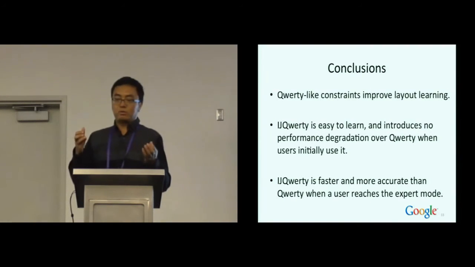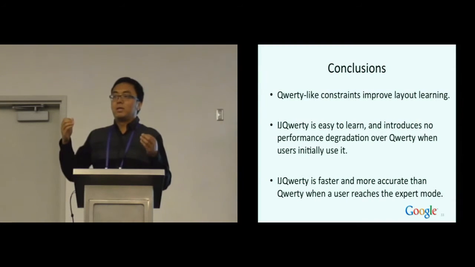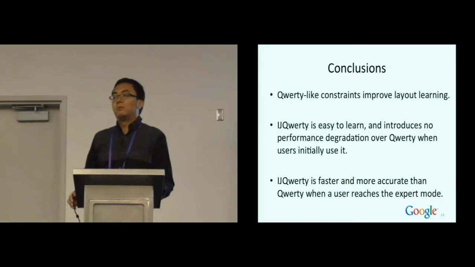The idea of the Qwerty constraint is that when you look for a key, if you don't find it at its Qwerty position, you will first look at its neighbors, and then if not, you might increase your search radius to the second ring of keys. But if you randomly swap two keys, and it happens to be very far away, it will introduce a lot of time in searching for these two keys, and overall it will add more learning time and more frustration. Thank you.